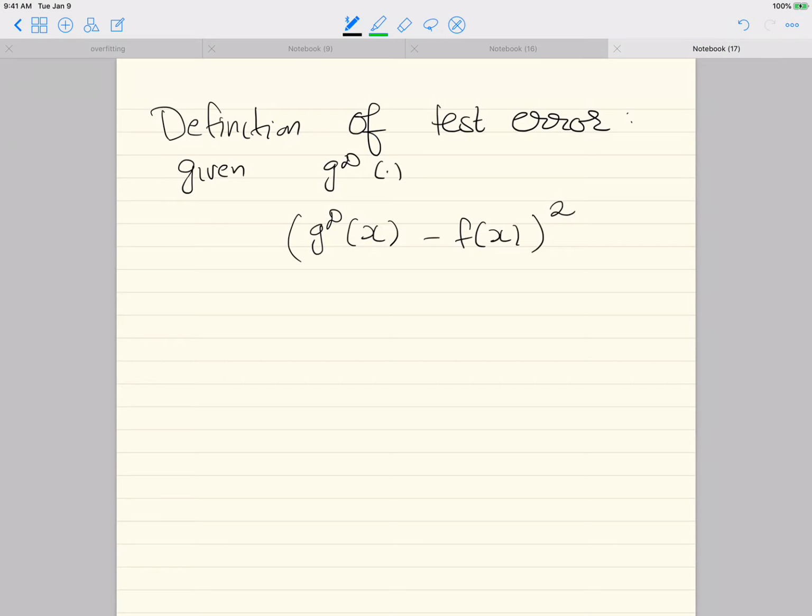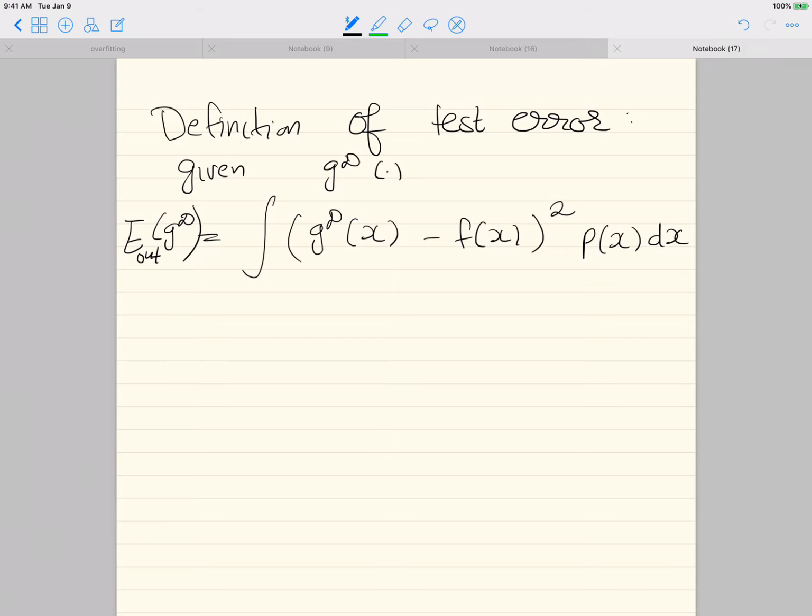This was a squared error, our error at X. But then we would take the integral with respect to Px dx. The idea was that our new query point is sampled from the same distribution as the training set, the same Px, and we average with respect to X. This is our definition for E out of GD. This was our previous definition.